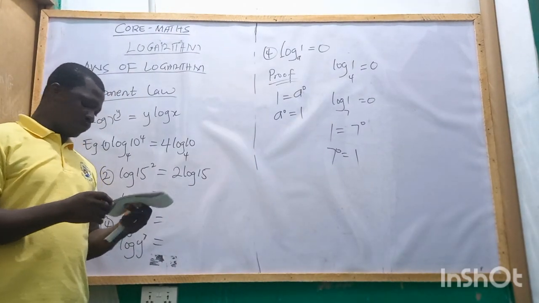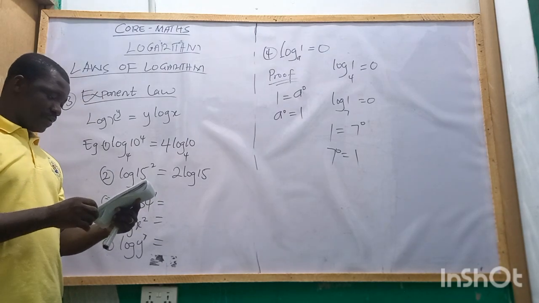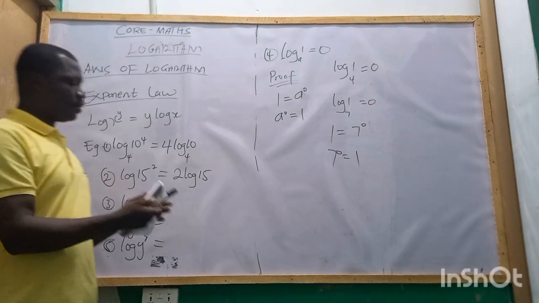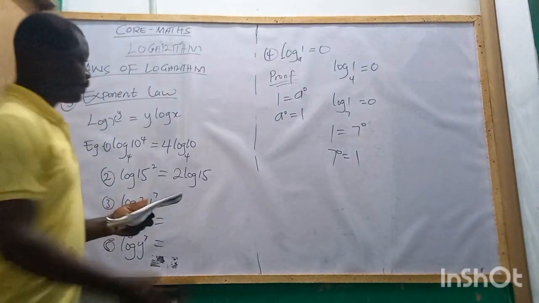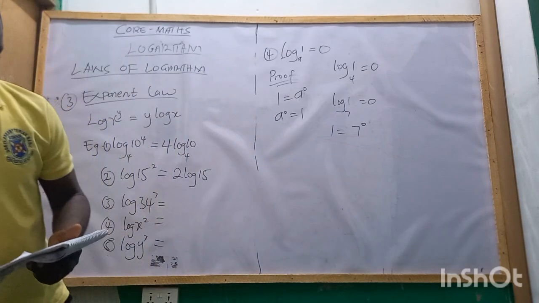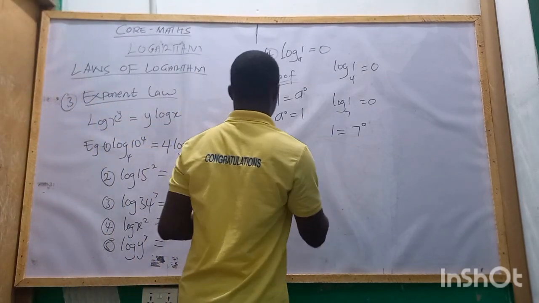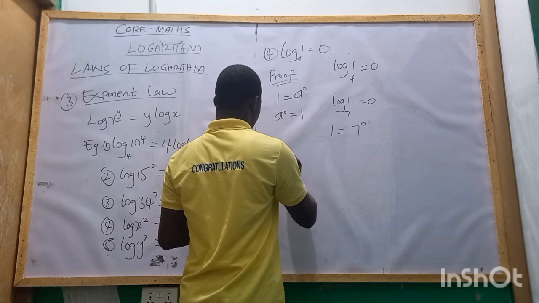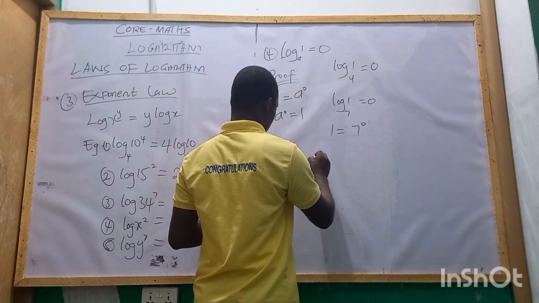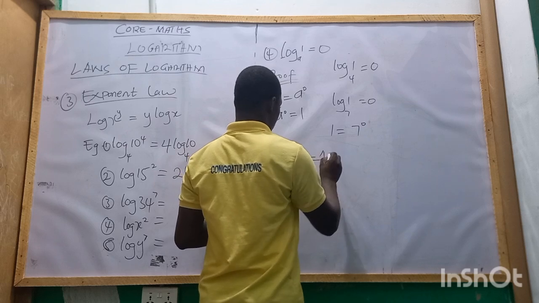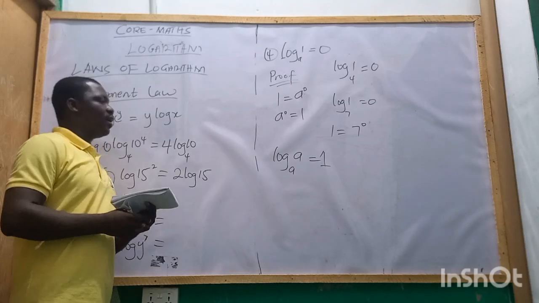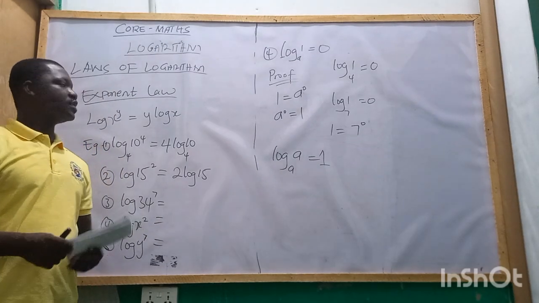So let's move to the fifth one. So log of its own base is equal to 1.